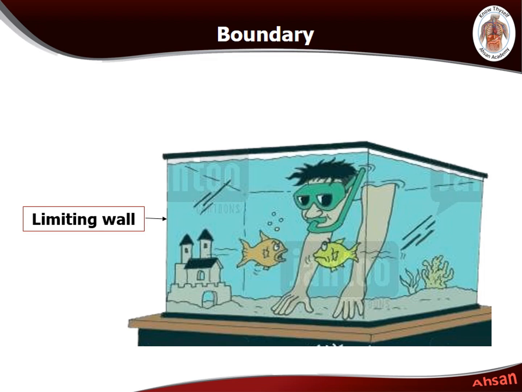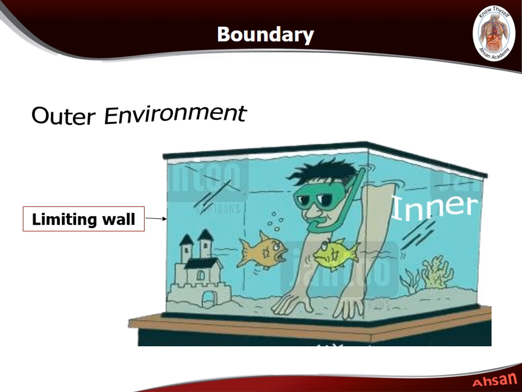So this wall behaves differently to the different particles or animals or living things that are trying to get inside the aquarium. This is the outer environment and this is the inner environment. So this boundary wall is actually separating the outer environment from the inner environment.